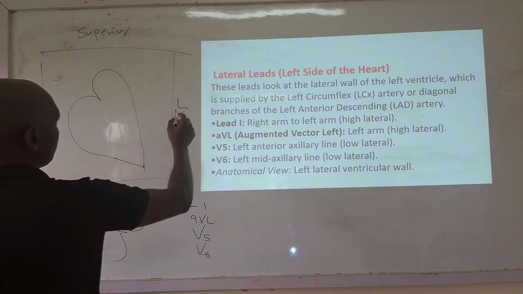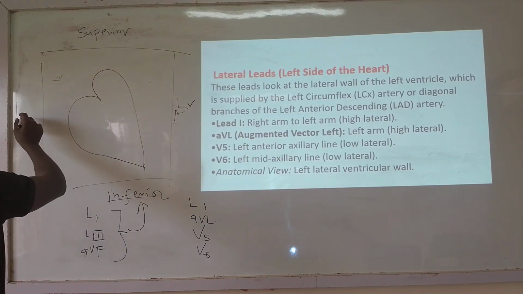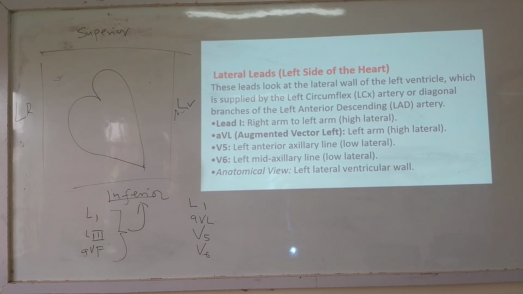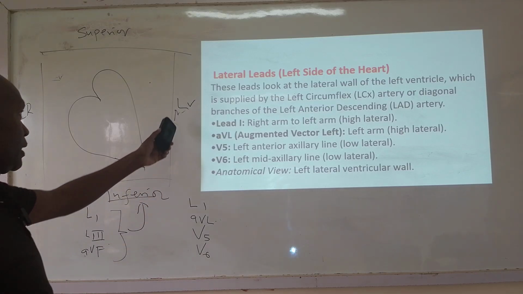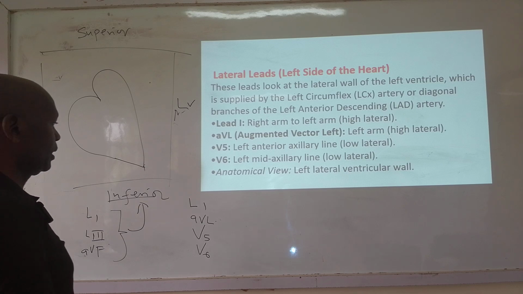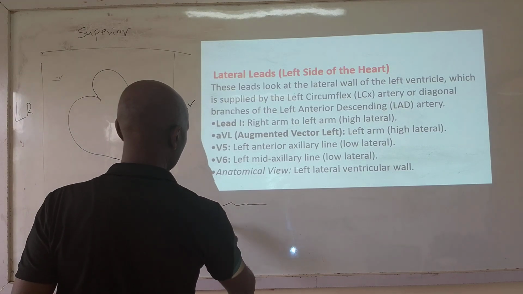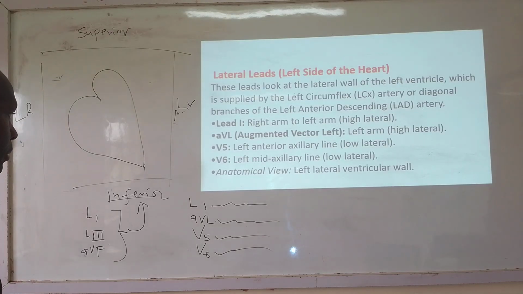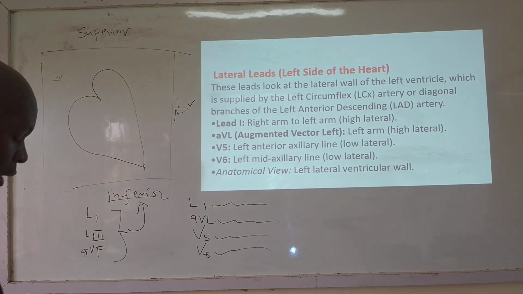This is the left ventricle, and this is the right ventricle. So we have the lateral side of the right ventricle, and also the lateral side of the left ventricle. So if you have an abnormality in any of these waves, then the region of the heart having the problem is the left lateral side of the left ventricle.